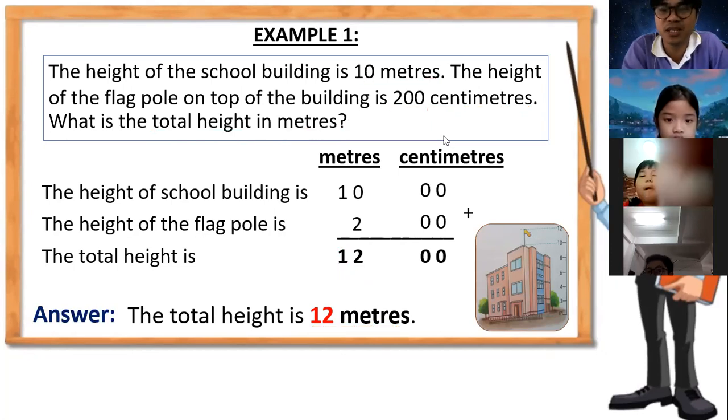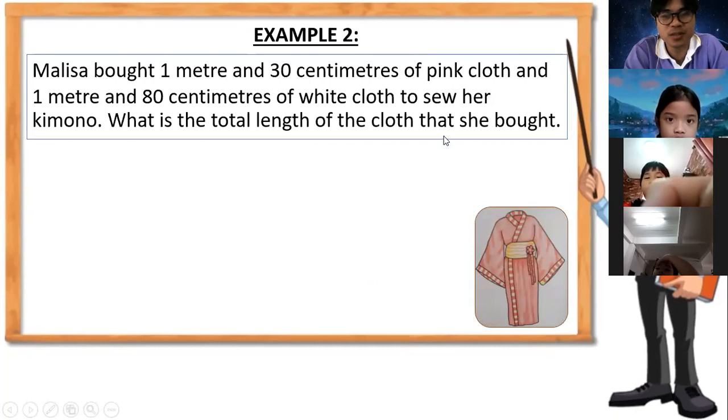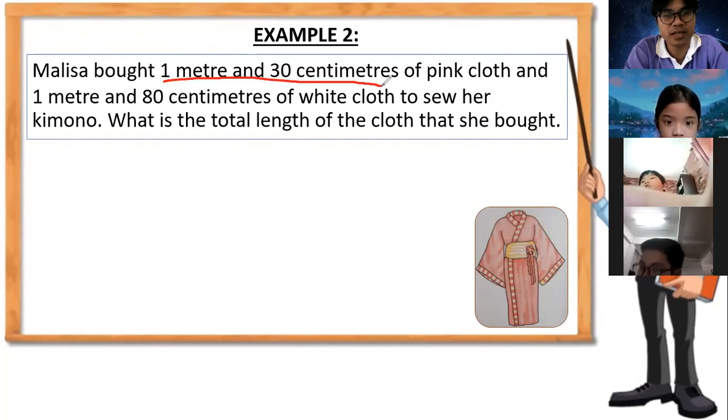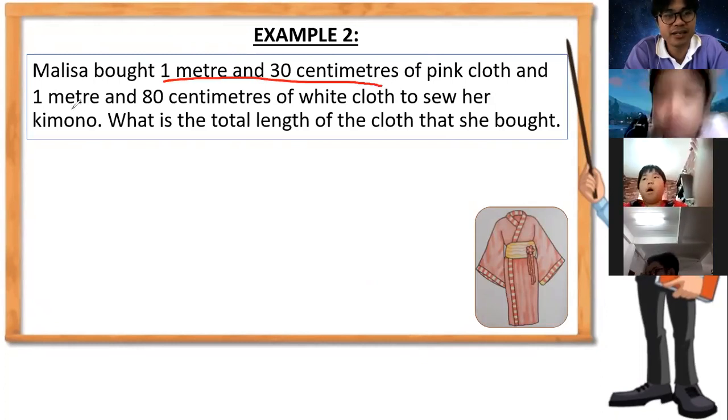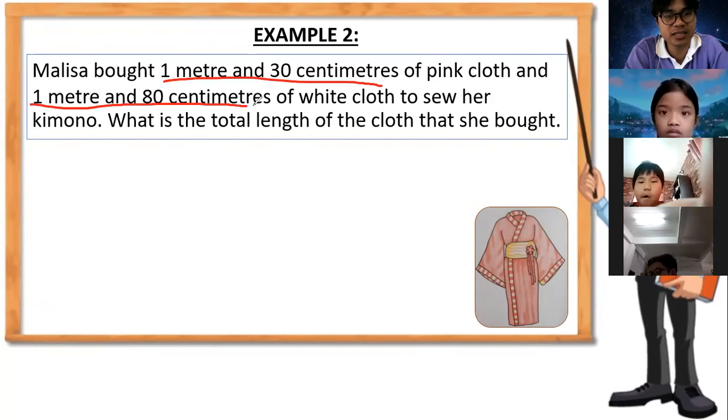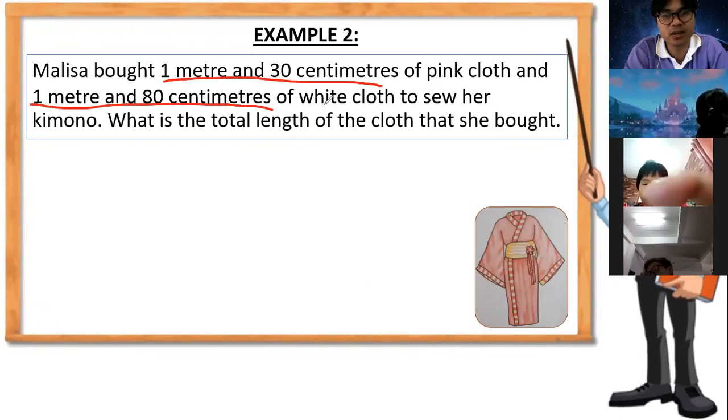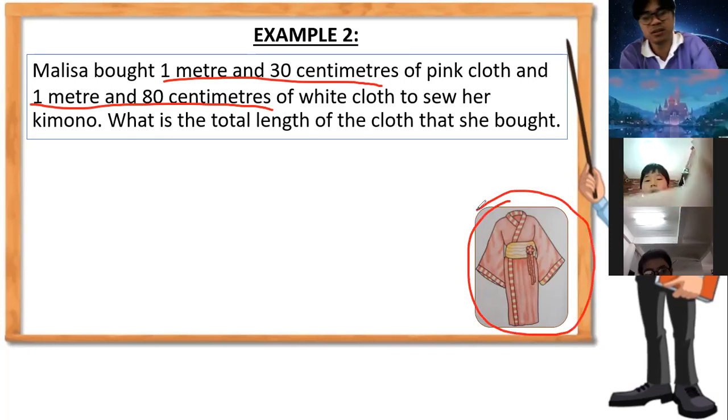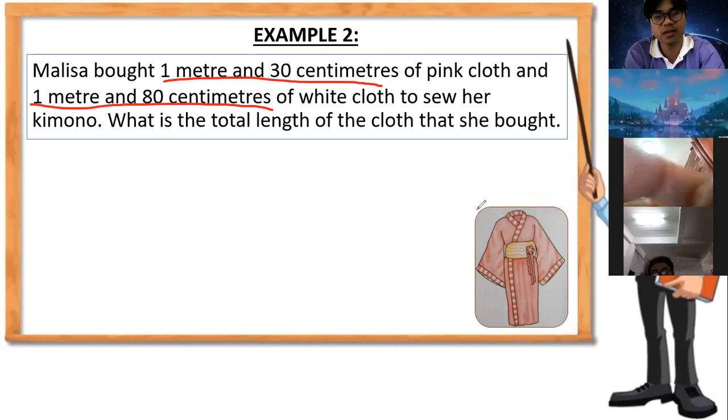Okay, next example. Example number 2. Melissa bought 1 meter and 30 centimeters of pink cloth, and 1 meter and 80 centimeters of white cloth to sew her kimono. The kimono is composed of white cloth and pink cloth.